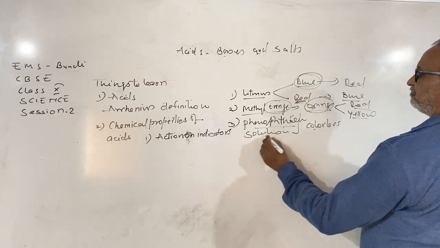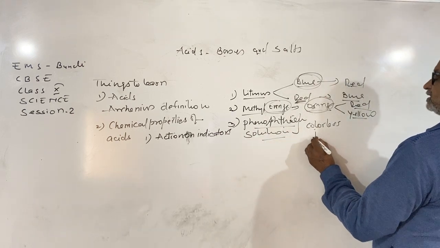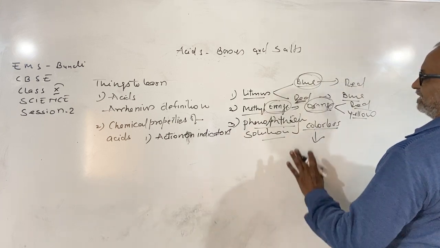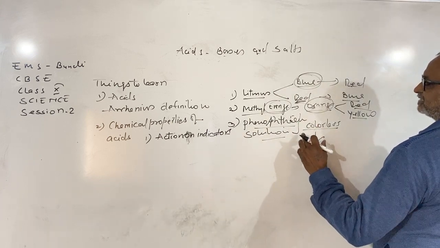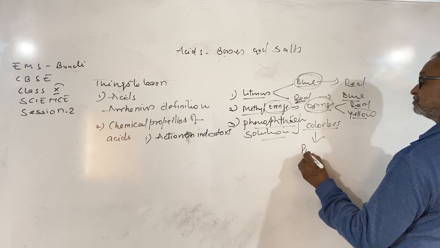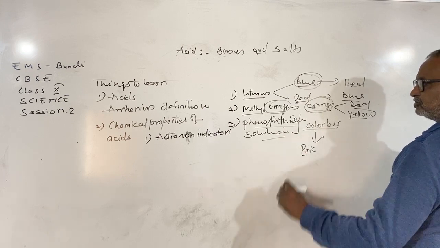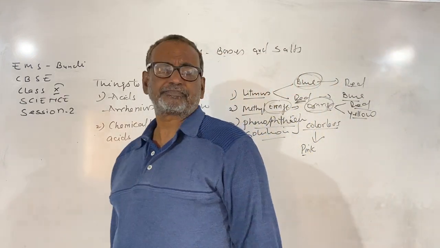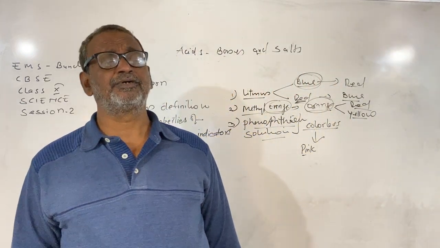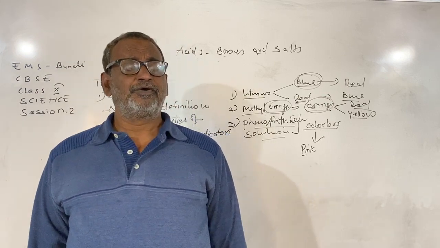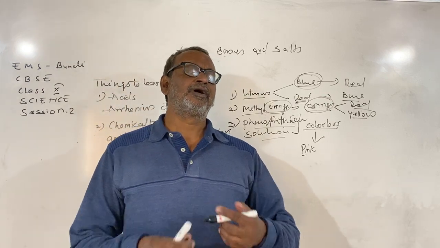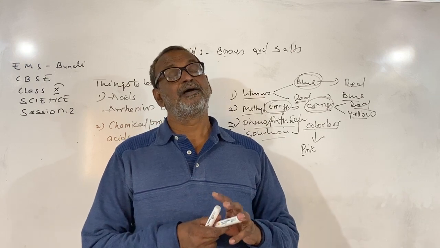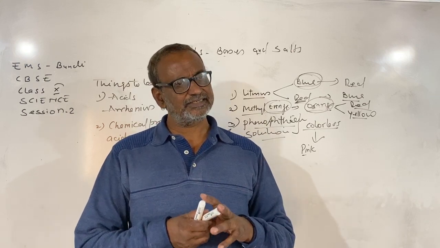Phenolphthalein solution, which is colorless, has no effect in acid, but in a base, it changes its color to pink. So it is clear from these examples that indicators are the compounds which tell us whether the given solution is an acid or a base by change in color.